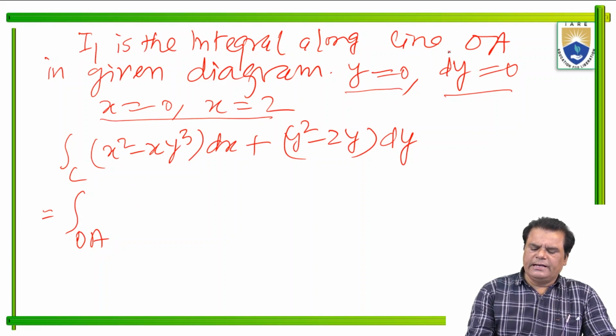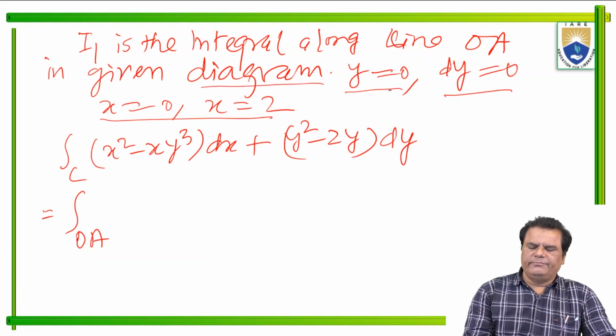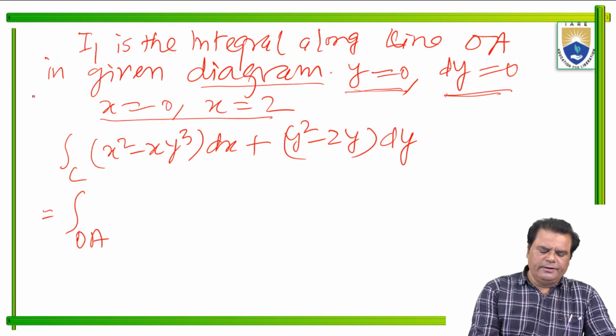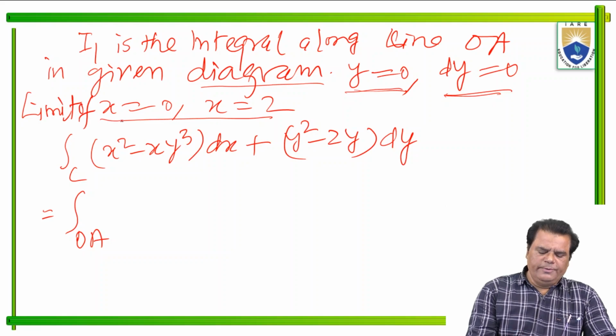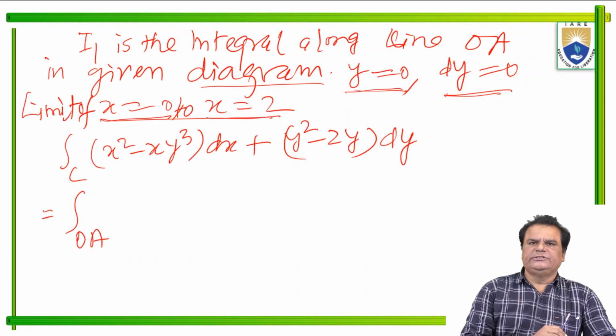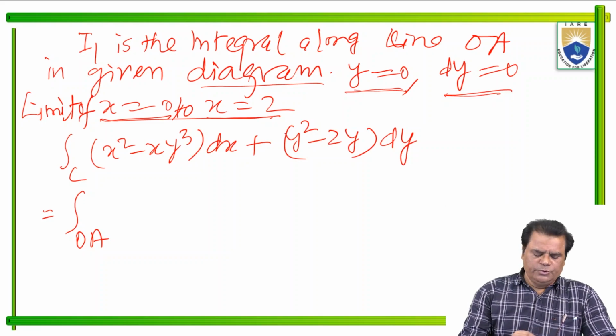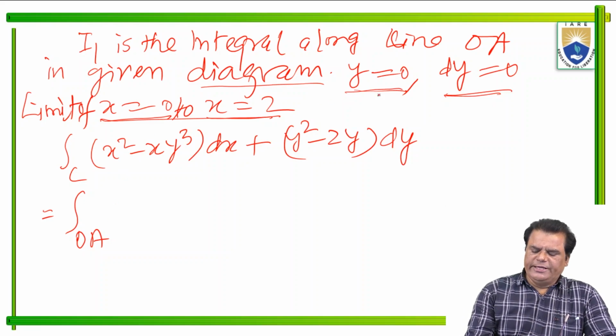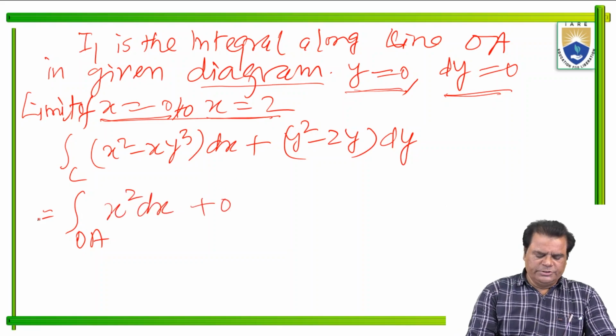I1 is the integral along line OA in the given diagram. Y is 0, so dy is 0. The limit of x is 0 to 2. So putting y equal to 0 and dy equal to 0, we get x square dx plus 0.